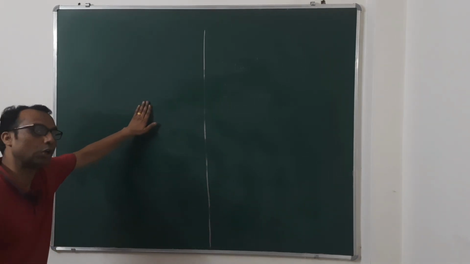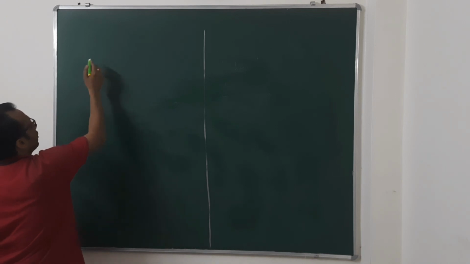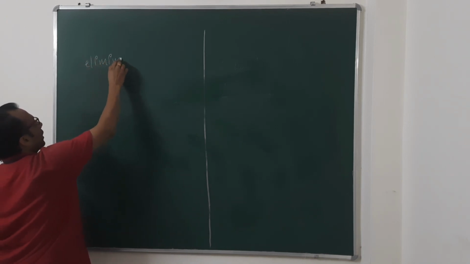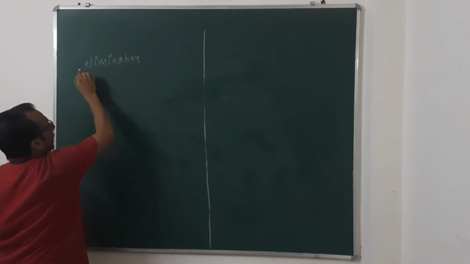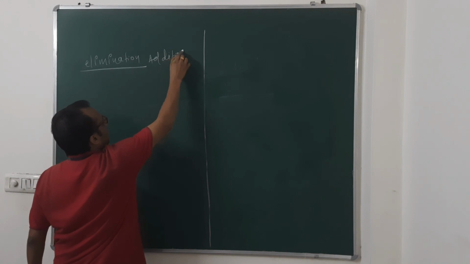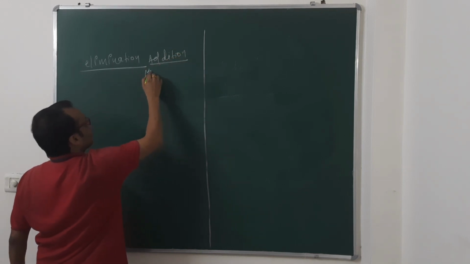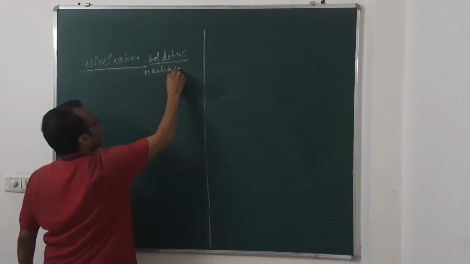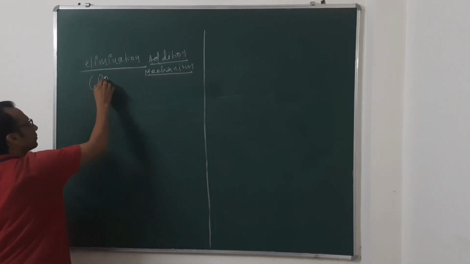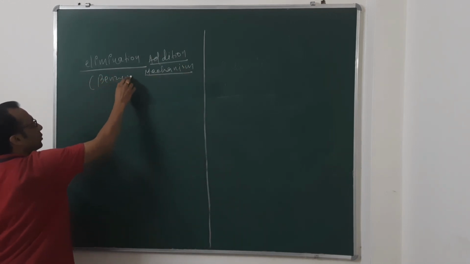First is the Dow process. This is called the elimination addition mechanism, which is also called the benzyne mechanism.